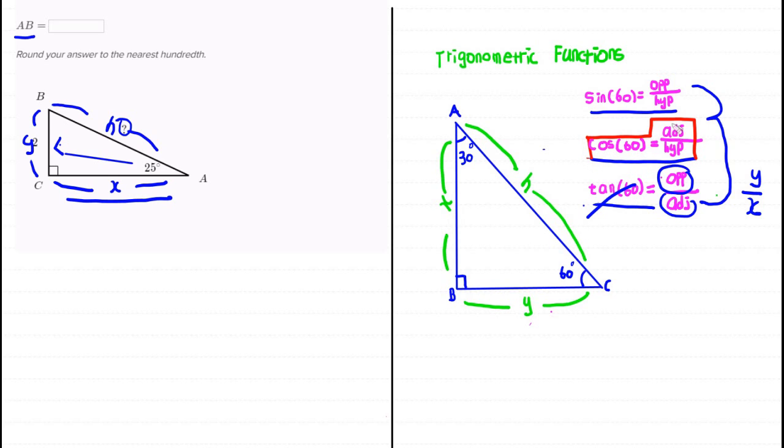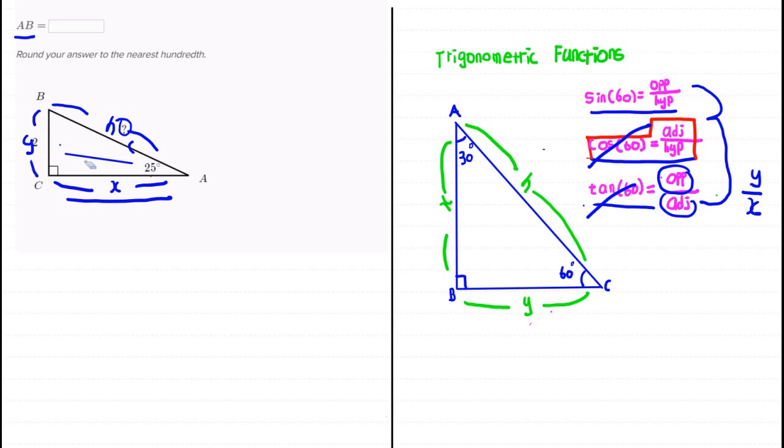For cosine, it is adjacent over hypotenuse. We can't use cosine either because we don't know the value of the adjacent side. We also don't know the value of the hypotenuse. So let's see the sine. It is opposite over hypotenuse.